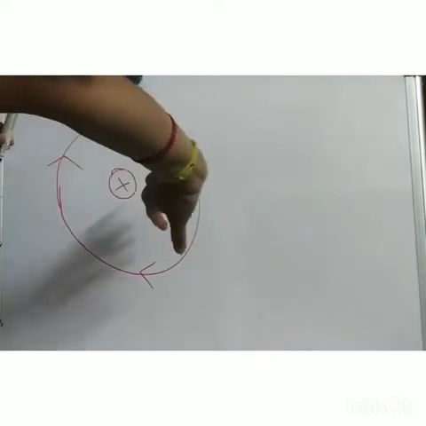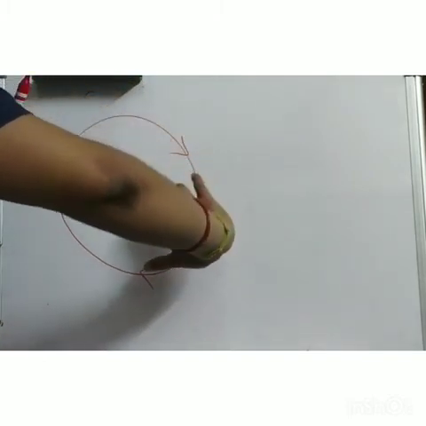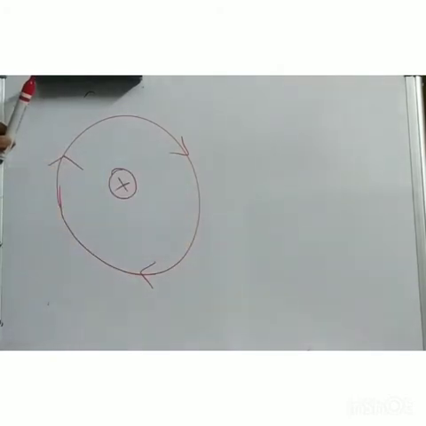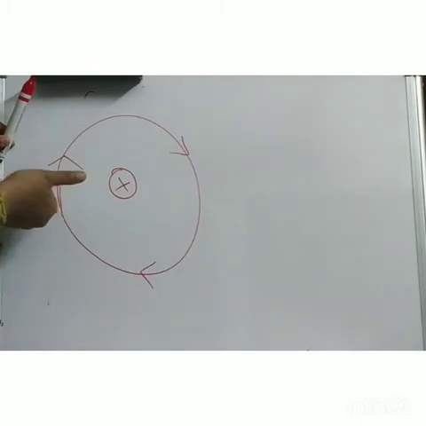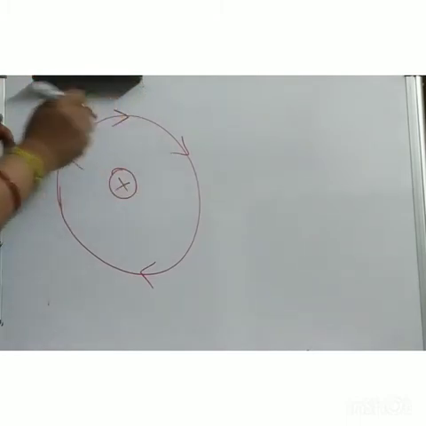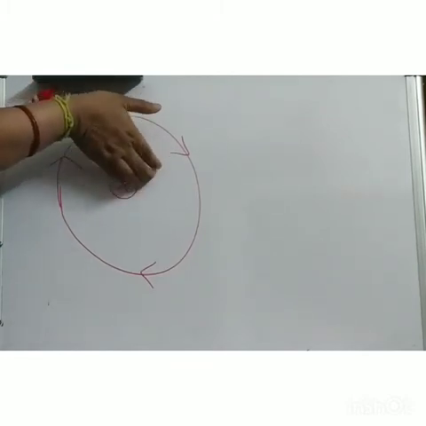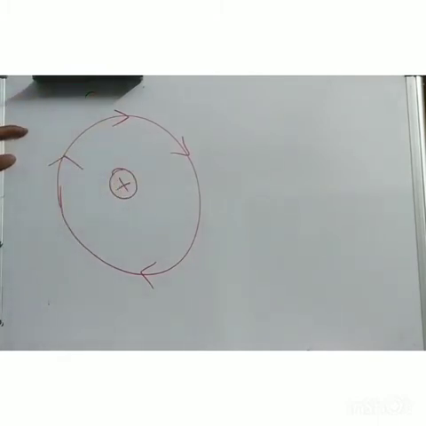Now see at this point, again hold the thumb like this and curl your finger. So at this point also going inside. Now at this point, again going inside. Okay. At this point it is like this. So you hold your thumb like this. Now again here also inside. That means here the magnetic field is going inside. So this is your clockwise.